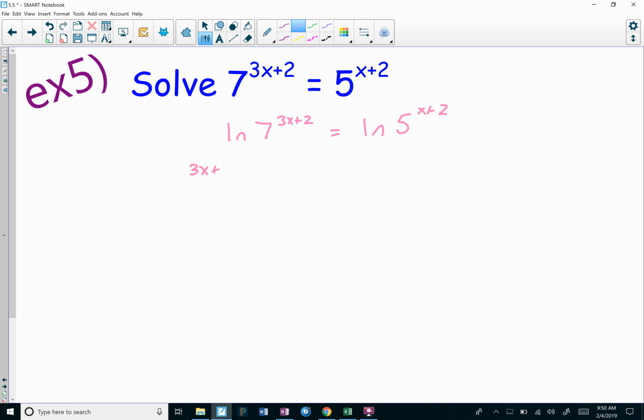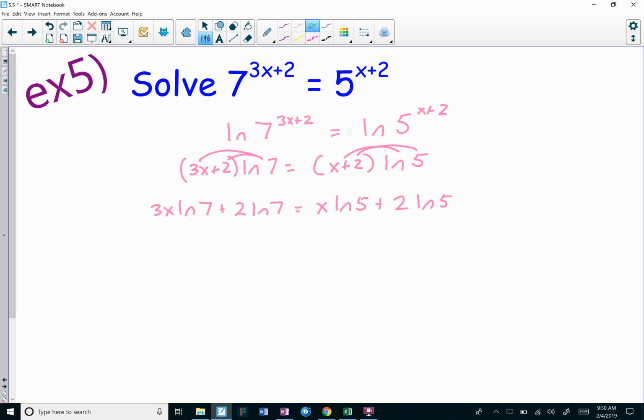Make sure you have parentheses because it's being multiplied. Oops, natural log of 7. Distribute. So I have 3x natural log of 7 plus 2 times natural log of 7. X times natural log of 5. 2 natural log of 5.